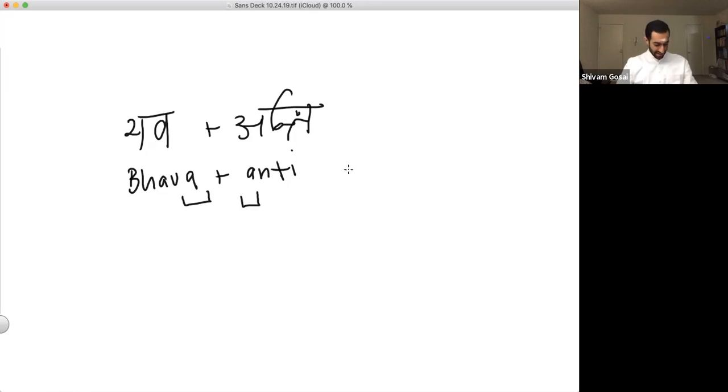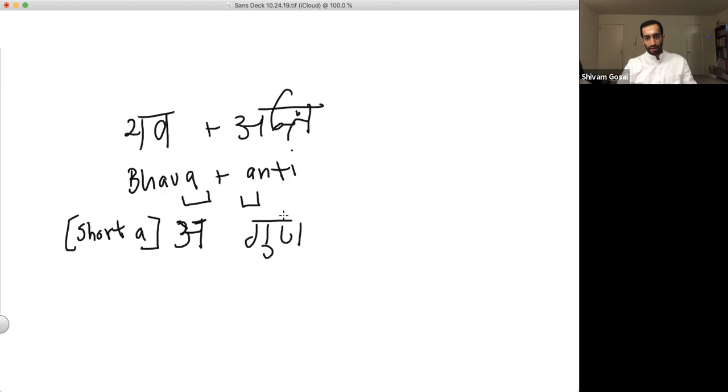But here, that doesn't happen. So here the rule is when I have a short akara which is followed by a guna letter, then the final result will be that guna letter.